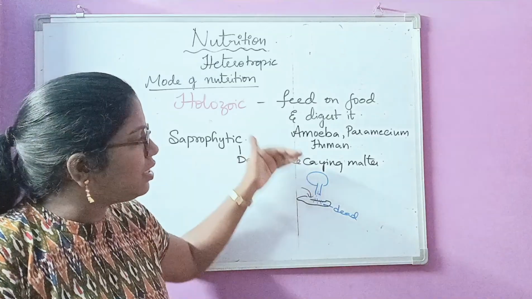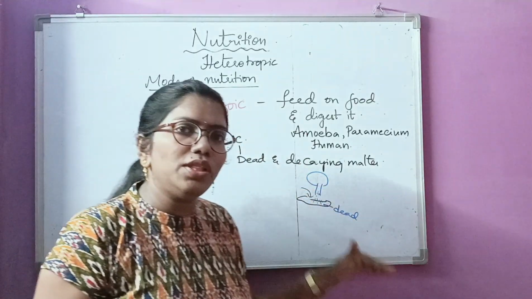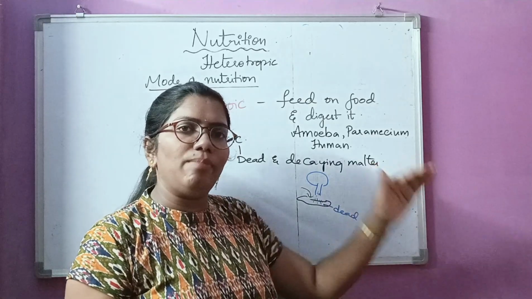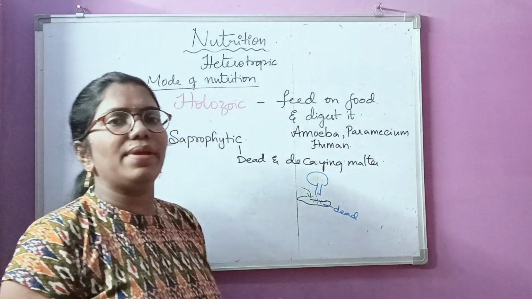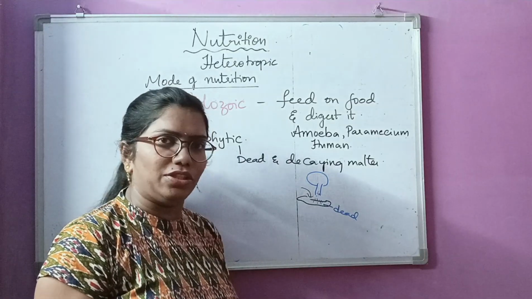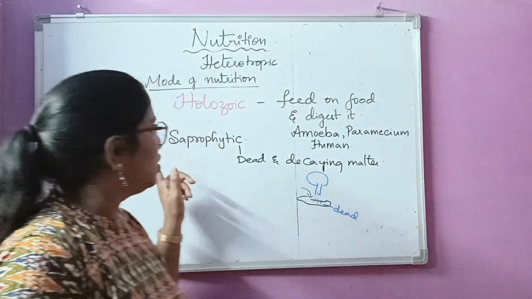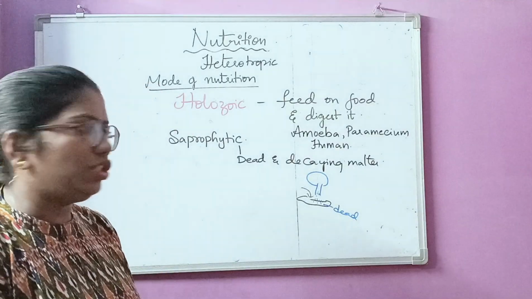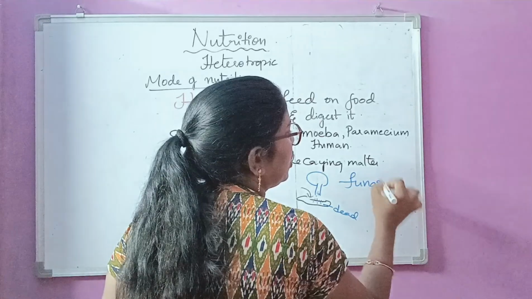So here the digestion happens outside the body and it depends on dead and decaying matter. It could be a plant or an animal. Such a type of nutrition is called saprophytic nutrition. Mostly fungi show saprophytic nutrition.